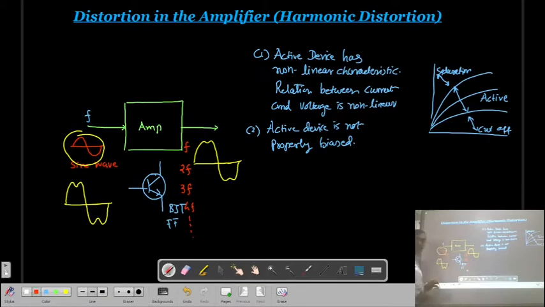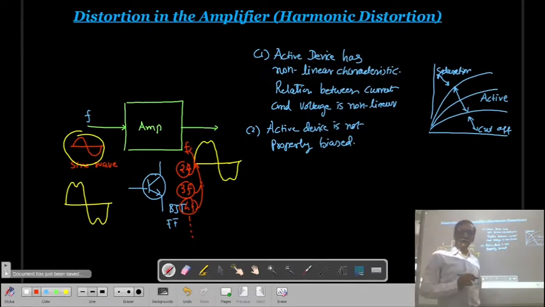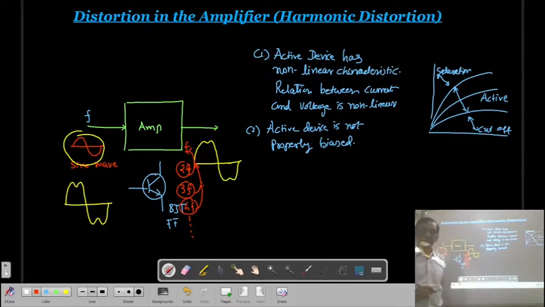Like this, the harmonics are present in the output of the amplifier circuit. And when all these harmonics are added to your fundamental frequency, the shape of your fundamental frequency is going to change. And that is known as harmonic distortion.